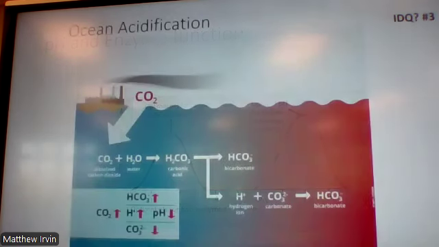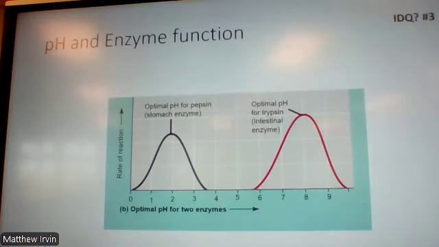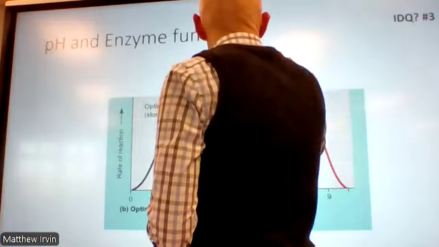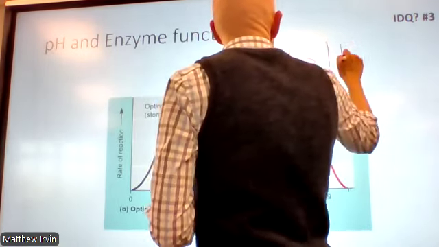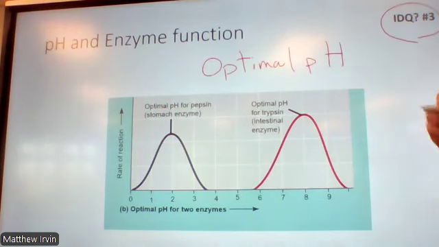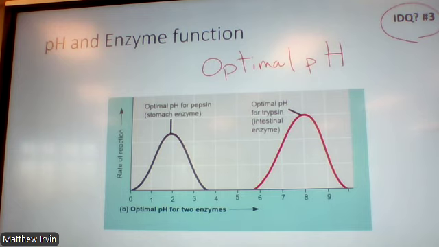pH and enzyme function. All enzymes have an optimal pH. What happens if you are outside of the optimal pH? We are in that question number 3 still. It's going to denature. And what do we mean by denature? What's that mean? Change the shape, change the function. So it destroys the ability of the enzyme to catalyze reactions.